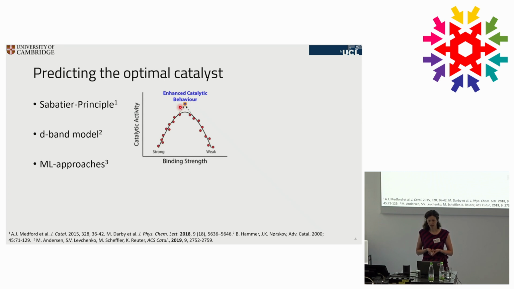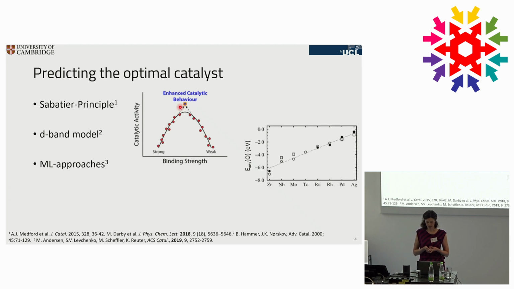As a first approximation, we actually don't have to calculate adsorption energies on all of these different surfaces, because there is the so-called d-band model, which says that the adsorption energy of an adsorbate is kind of a linear function of the d-band center of that surface.